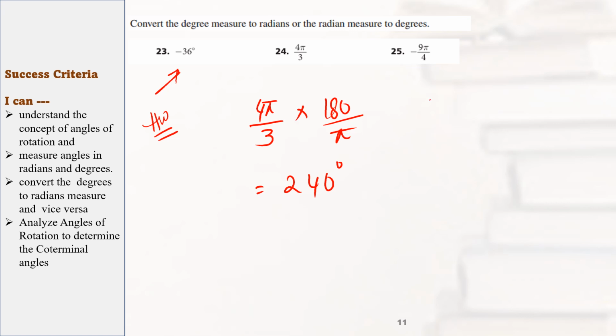Similarly, question number 25, minus 9 pi over 4, multiply it by 180 over pi. Pause the video and check what you will get. You will get simply negative 405 degrees.